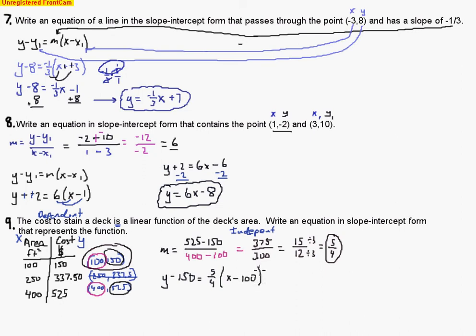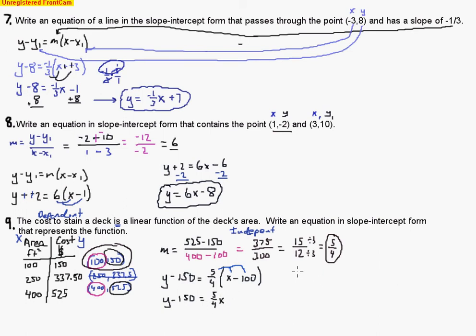And so from that point, you can go ahead and use that distributive property, multiply that 5/4 over that subtraction. And when I do that, I still have this y minus 150 and 5/4, and that equals 5/4 x.